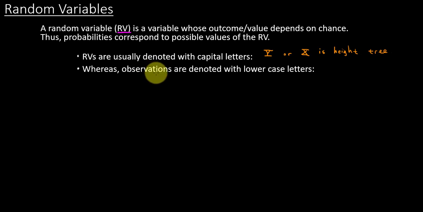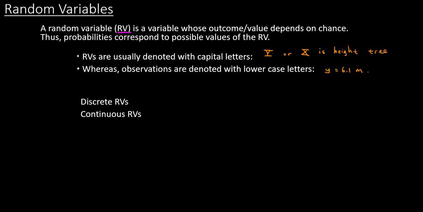However, observations from that variable are usually represented with lowercase letters. So I might say lowercase y equals 6.1 meters. It's a minor distinction, lowercase, uppercase, but it does make shorthand notation a little easier.